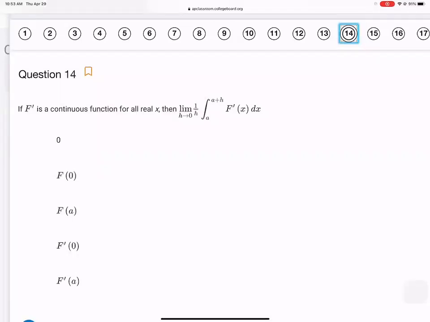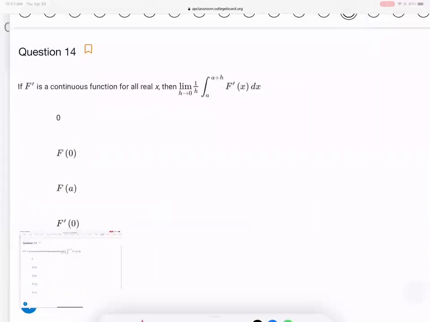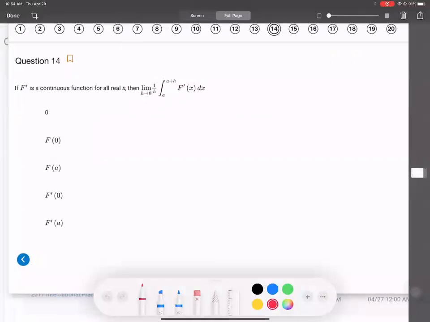If I rewrite this as the limit, so I'm trying to take some big ideas here, because oftentimes you might see an equation that looks kind of new, like what is that supposed to mean? So I'm looking here, I'm thinking, okay, maybe if I rewrite it as integral a plus h f prime of x dx over h, limit as h gets closer to 0.